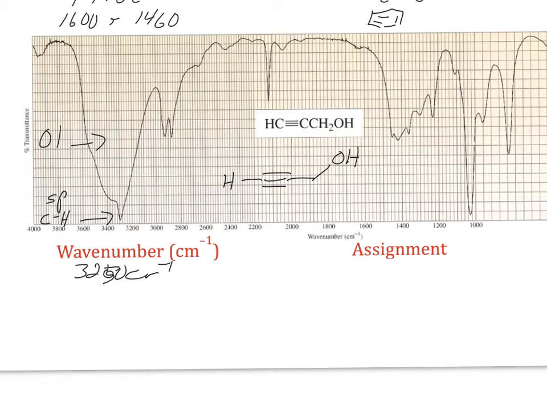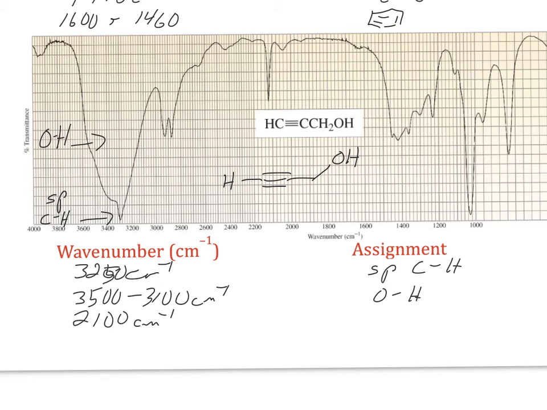So that OH stretch is there. That's a big range, from 3,500 all the way to 3,100. So this was that sp CH. This is that OH. What other functional groups do we have in here? We have an alkyne. So where do alkynes come at? The triple bond region is 2100.